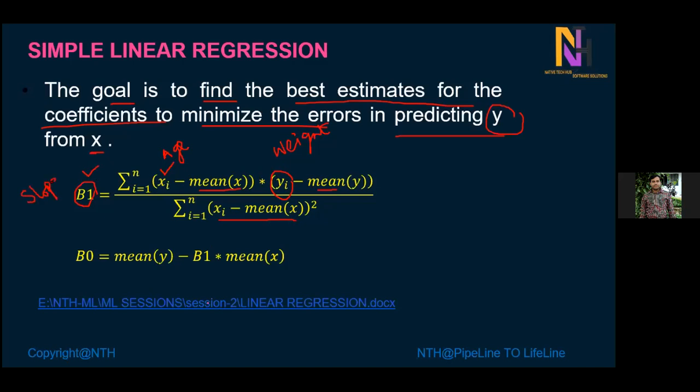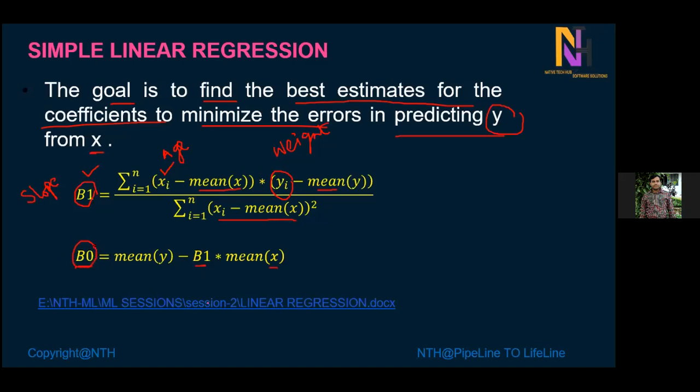Okay, so before calculating b naught, we have to calculate b1, because b naught, which is the intercept, will depend on the x value, isn't it? So which is the b1 value. So mean of y minus b1 into mean of x will give you the intercept value called b naught.